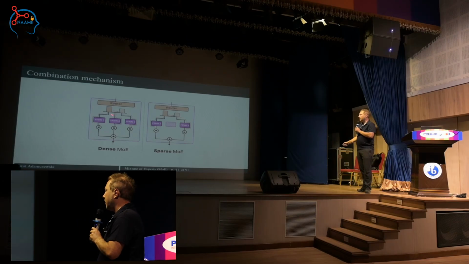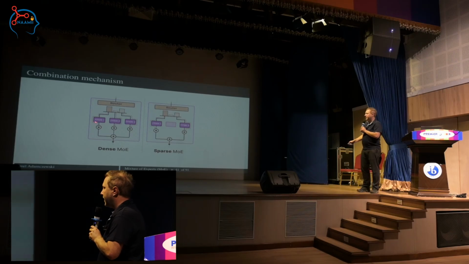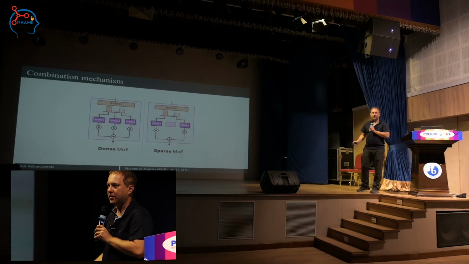So here's the difference between dense MOE and sparse MOE. In dense MOE, we will still have gating with all the weights, and we will weigh each of these FFN layers by this weighting factor, but we will run all 3 of them. Instead, in the sparse MOE, we will only choose 1 or 2 of them, typically, and this one will be just there, but we will not use it.